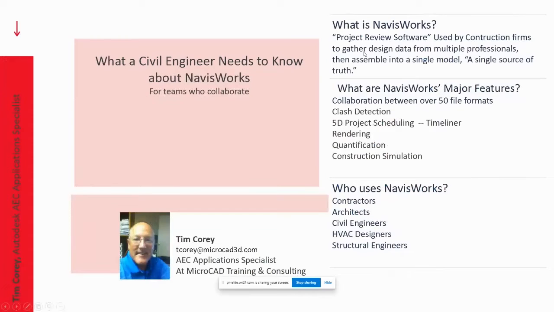Go back. Okay, so we're going to address things like what is NavisWorks. Many of you may have the AEC Industry Collection for your Autodesk subscription, which includes Civil 3D, which is most likely the primary product that you use from that collection if you're a civil engineering firm. But many other civils will also use Revit if they're doing some structural design.